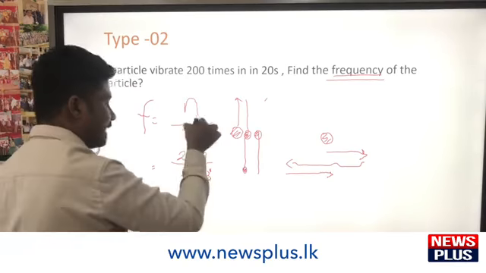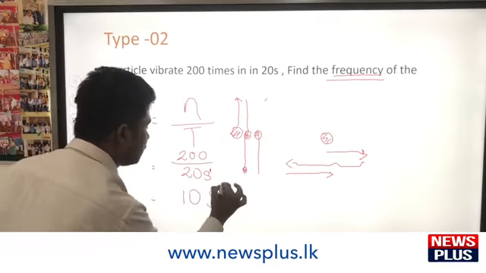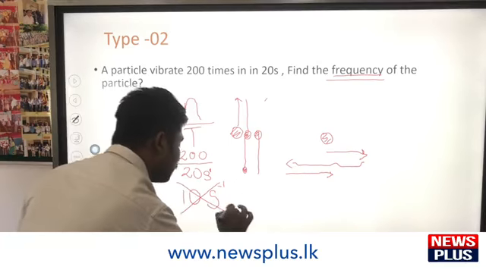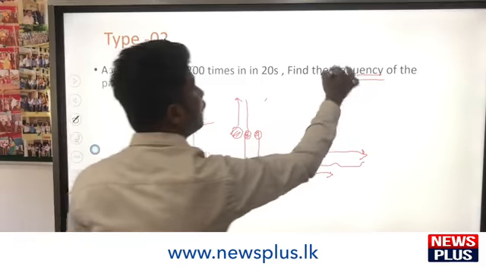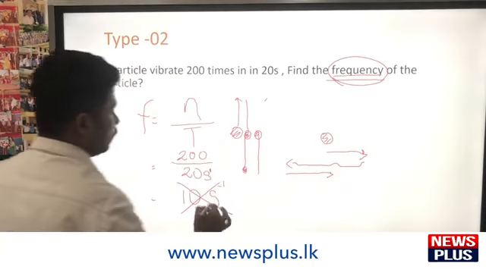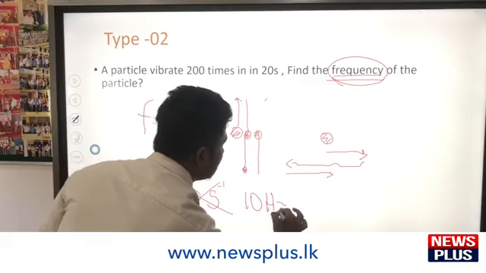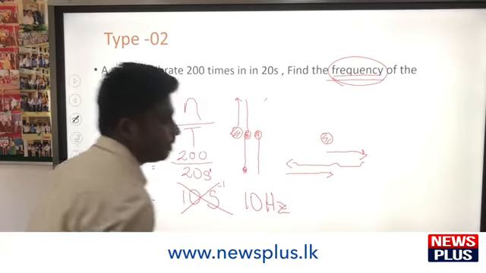It goes to the other side, so you can use second minus 1, but since the question asks for frequency, the final answer should be given as 10 hertz.